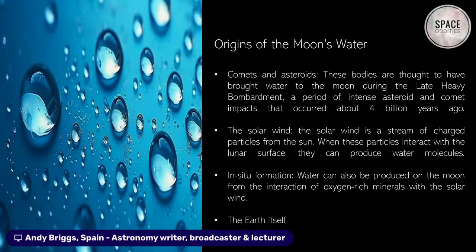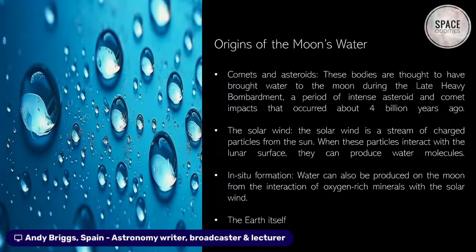And it can also be from the Earth itself, because don't forget, we believe that the moon was formed after a Mars-sized body collided with the Earth early in its history, and a huge amount of the Earth's crust was thrown into space and then coalesced quite quickly, as it turns out, to form the moon. Well, the water could have come from the Earth in that way. We don't know, basically, is the answer. But then again, we don't really know where Earth's water came from in the first place. So there we are. That's a bit uncertain at the moment.